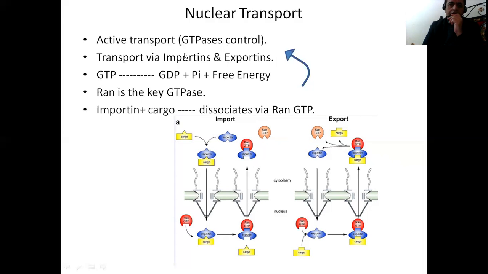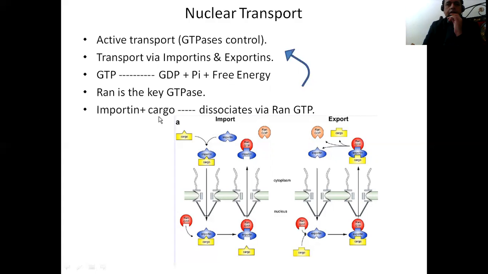That energy is used for importing or exporting cargo from inside or outside the cell. So this is an energy dependent process, as I told you before, and Ran GTPase is the key, which is controlling this particular process.